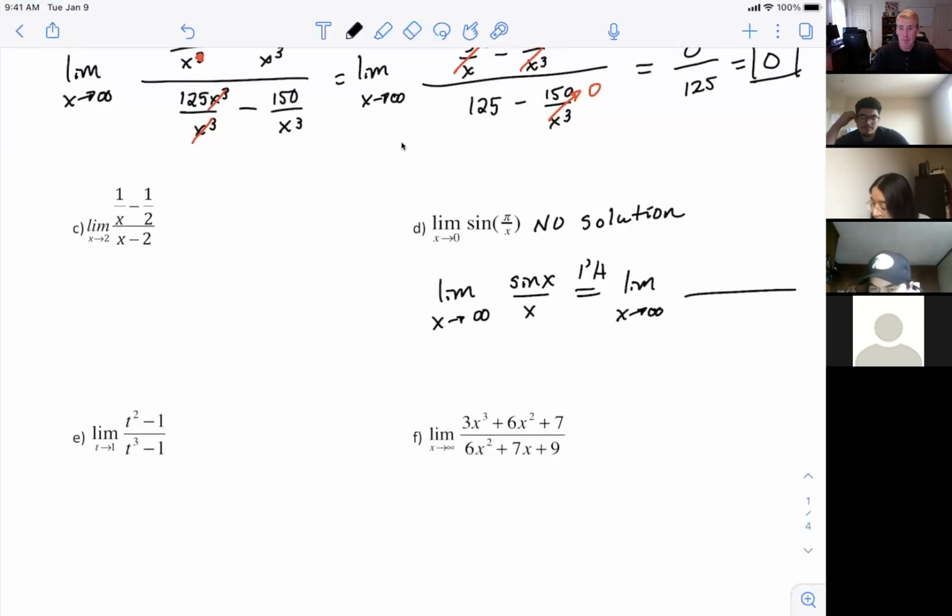So on the top, what's the derivative of sine? Cosine. It is cosine. And what's the derivative of x? It's just a 1.